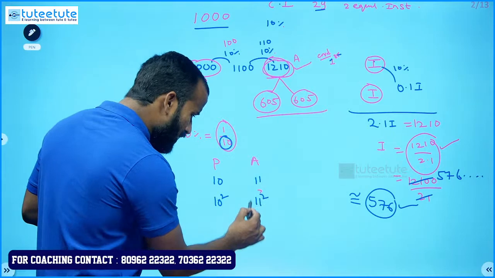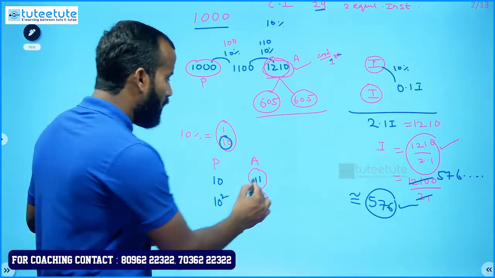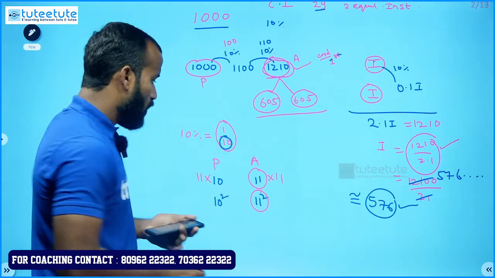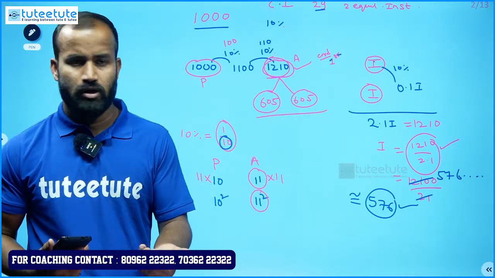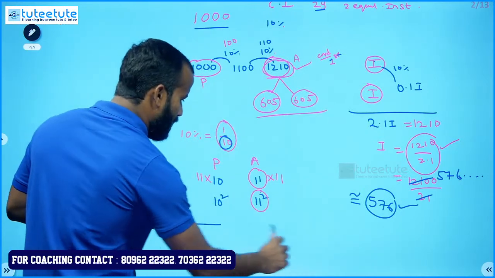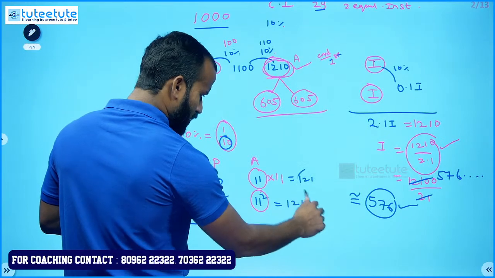So here 11 square is there. Here also we have to make 11 square. 11 square means 121 we have to make. So I am multiplying here by 11, and I have to multiply here also by 11. Why am I multiplying here with 11? Because I have to make both amounts equal, as we are paying back in equal installments. So 11 square means this is 121, this is also 121. These two are equal only, right?